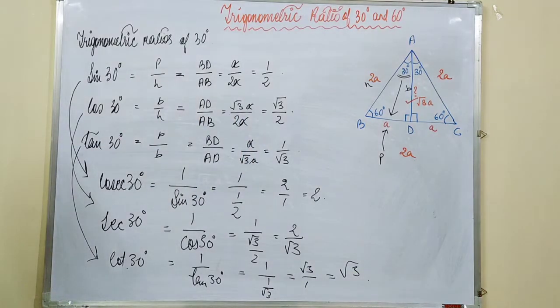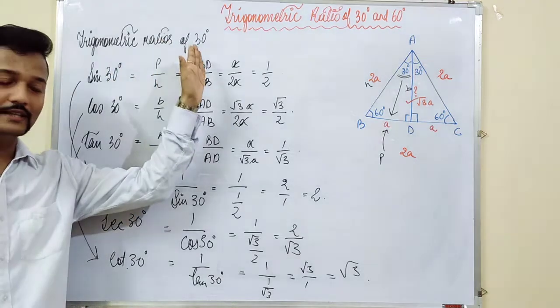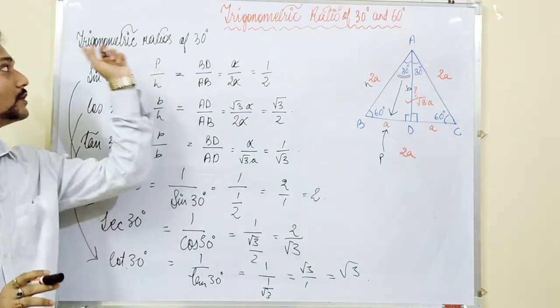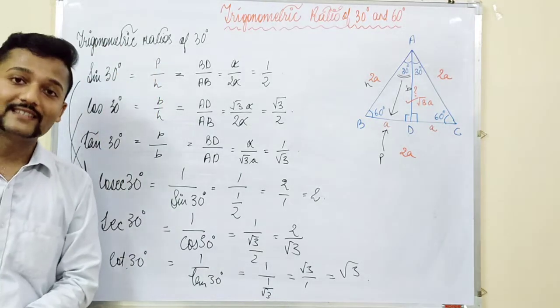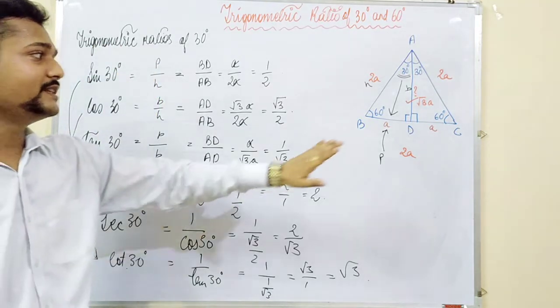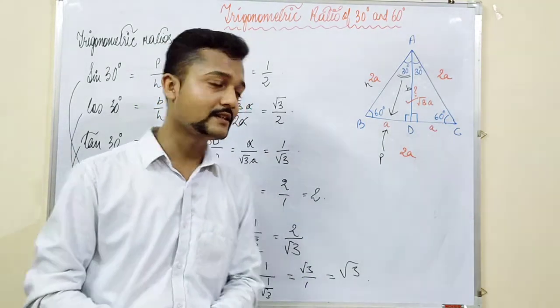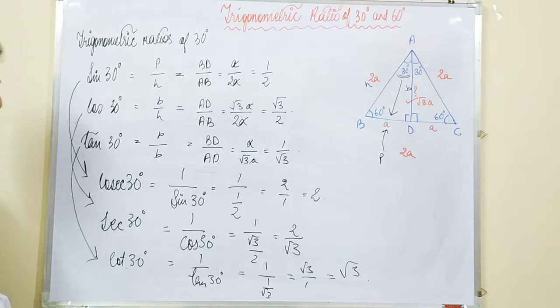So with this we complete trigonometric ratios of 30 degree. Now we are going to move on to trigonometric ratios of 60 degree, with the same diagram.